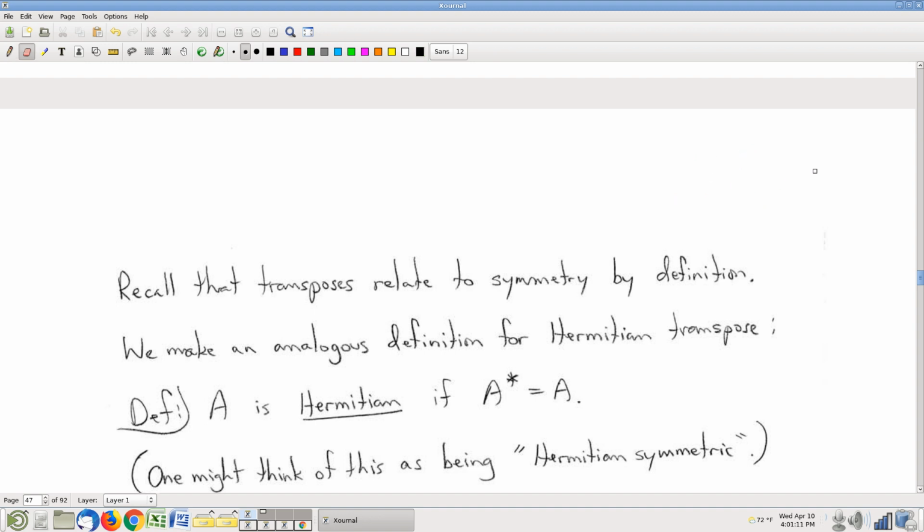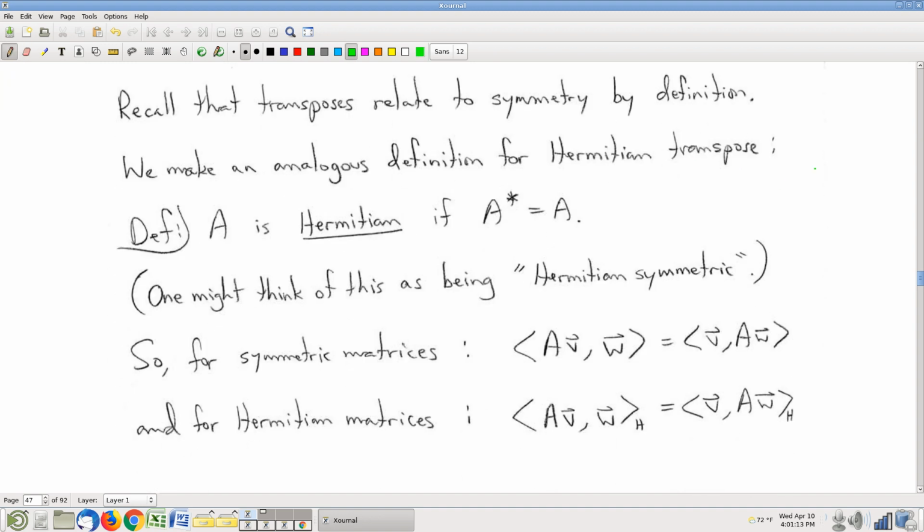So, reminder. In the real context, when you move a matrix from the left side to the right side in a dot product, you have to transpose it. But if it's symmetric, it is its own transpose, so you don't have to do anything. Analogously, in the Hermitian context, when you move a matrix from the left side to the right side, you have to conjugate transpose it.